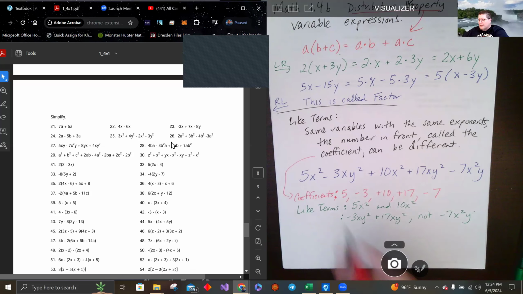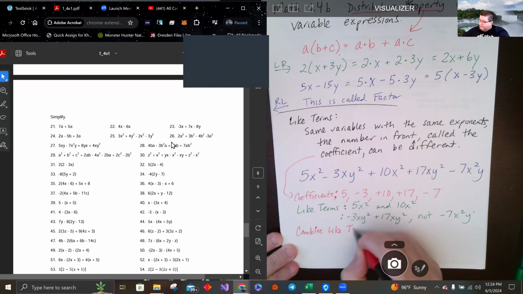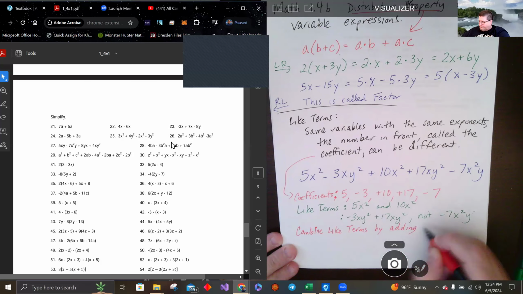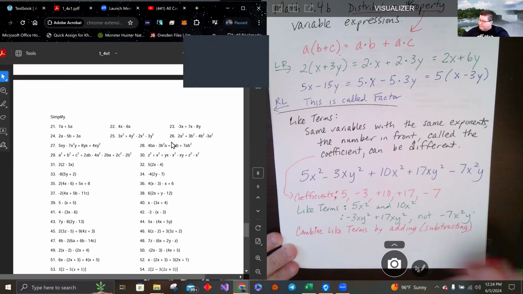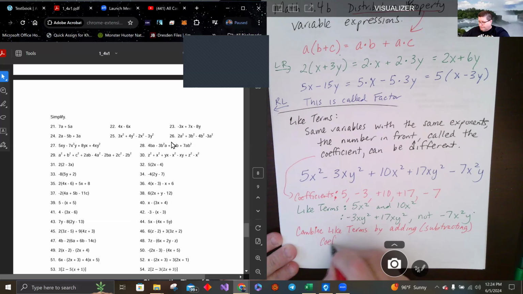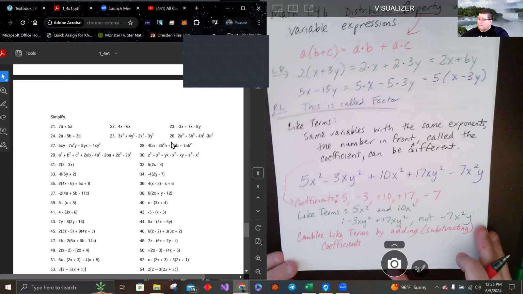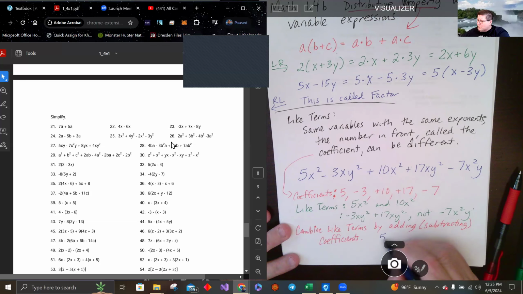For like terms, we can combine like terms by adding coefficients, or subtracting if you got negatives and it's easier to see that way. Five x squared plus 10x squared.